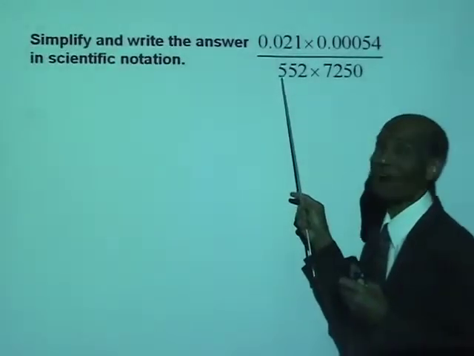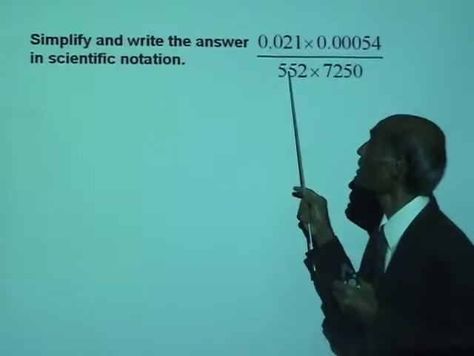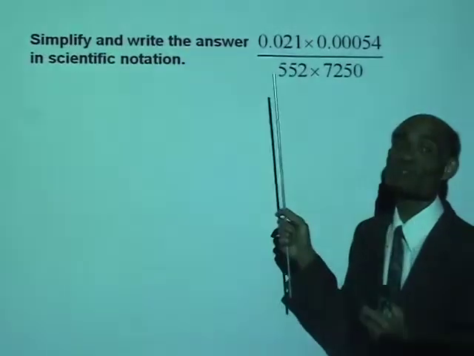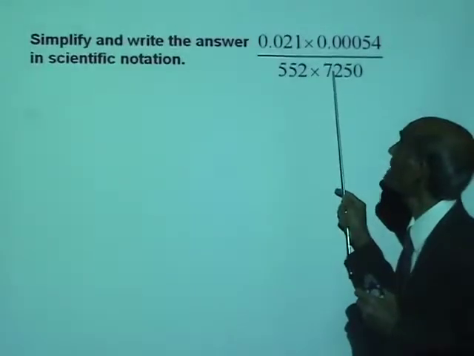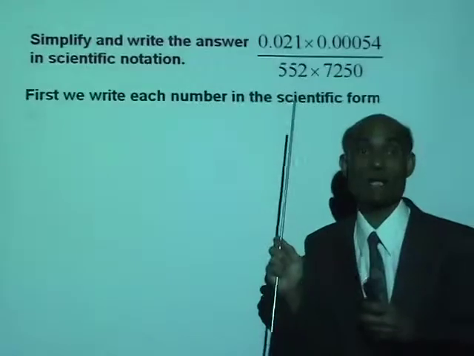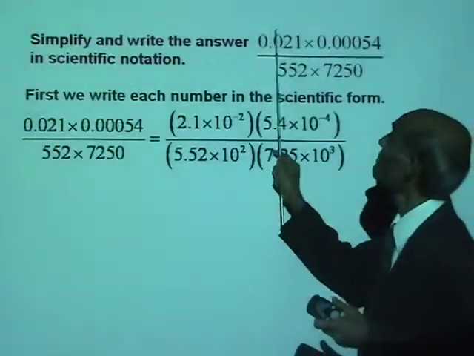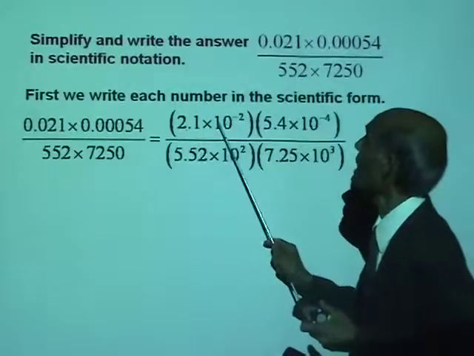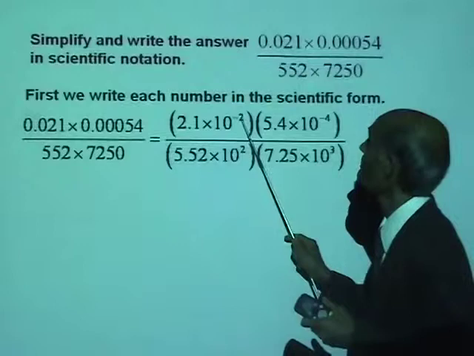Now, this is 552. That will be 5.52 times 10 to the power of +2. And this will be 7.25 times 10 to the power of 3. Alright, let's write that. So the first number is 2.1 times 10 to the power of -2.